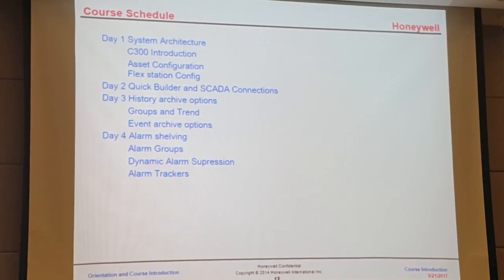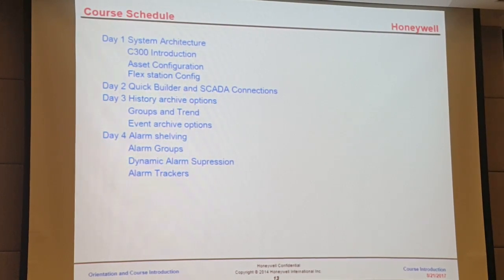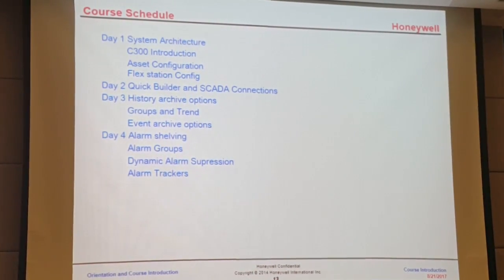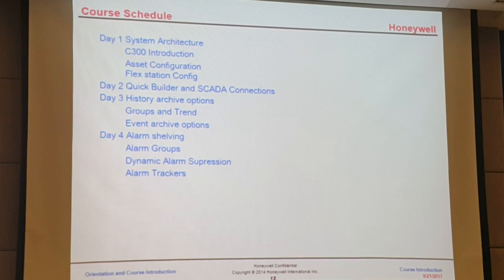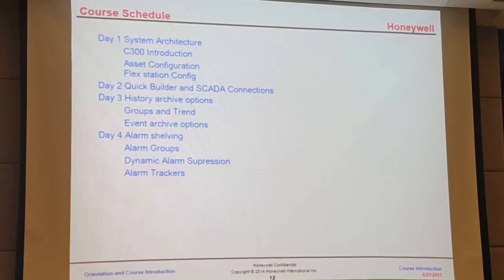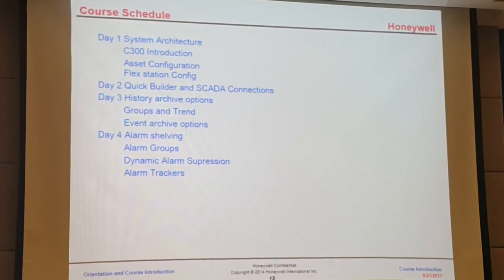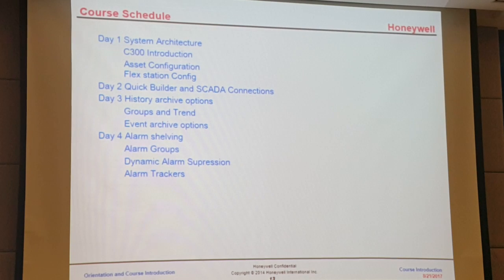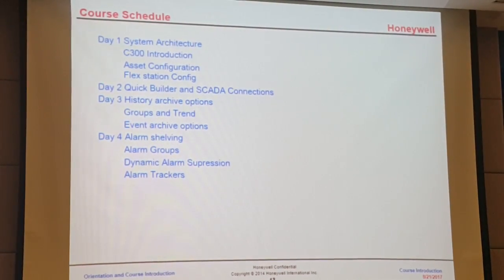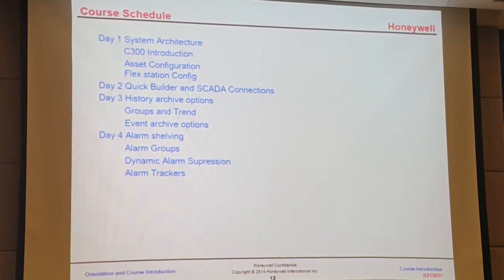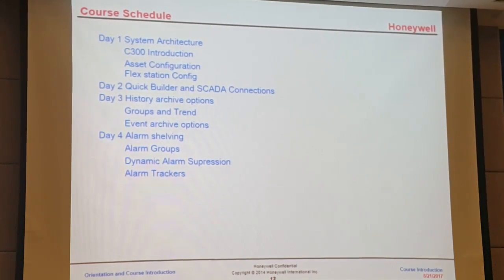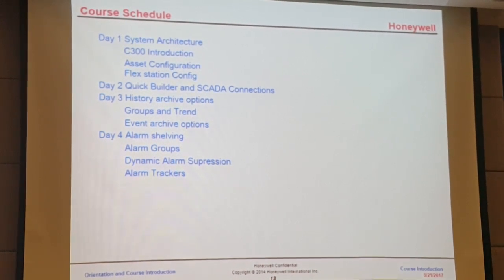Now this picture shows our schedule in this course. On the first day, we will introduce system architecture, C300, and asset configuration and flex station configuration. Tomorrow, we will talk about quick builder and SCADA connections. There are many experiments for this topic, so this one topic will have 1 day to discuss.